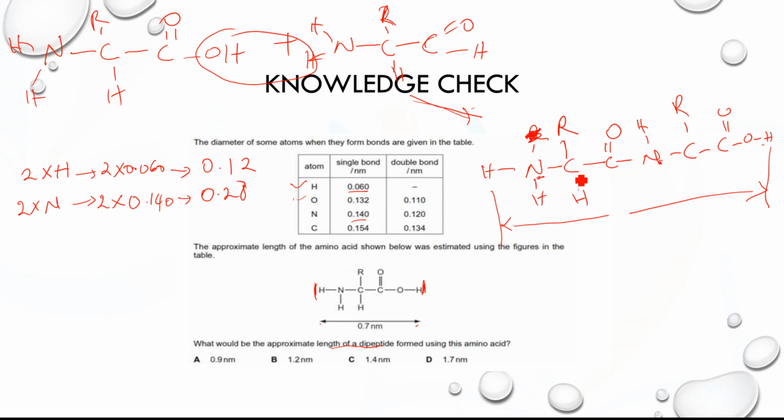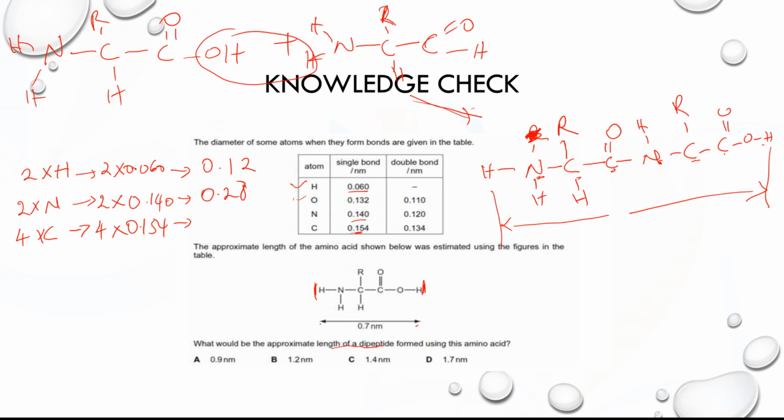Now let's go to carbon. One, two, three, four. So we have four carbon atoms, and they're all single bonds. That will be four times the single bond of carbon, which is 0.154.